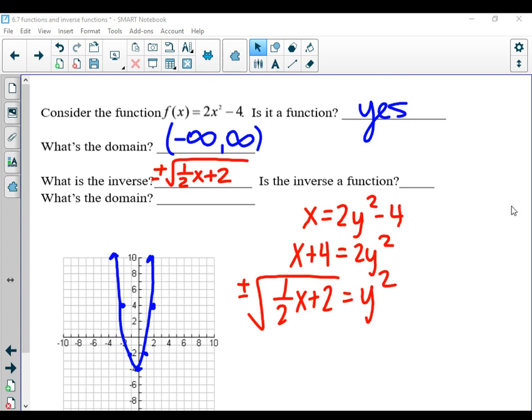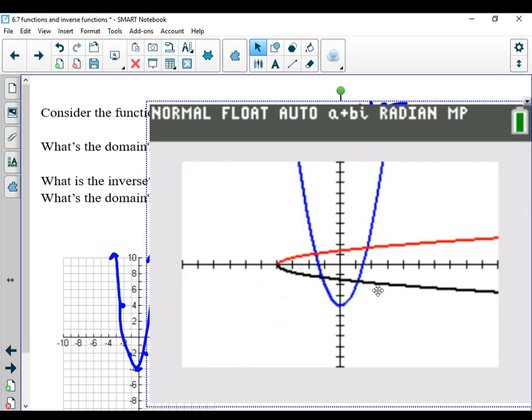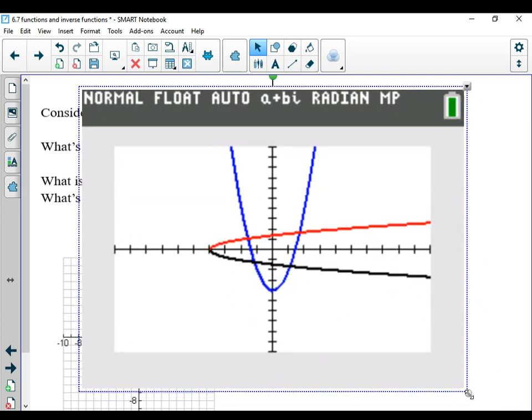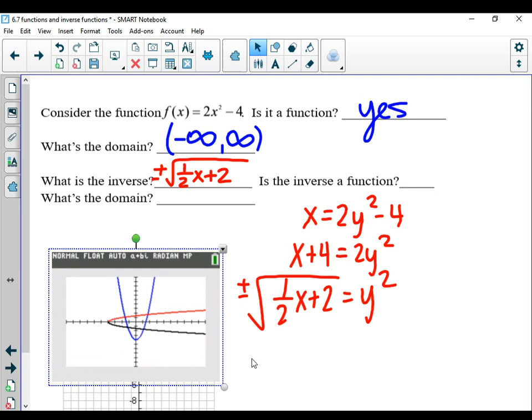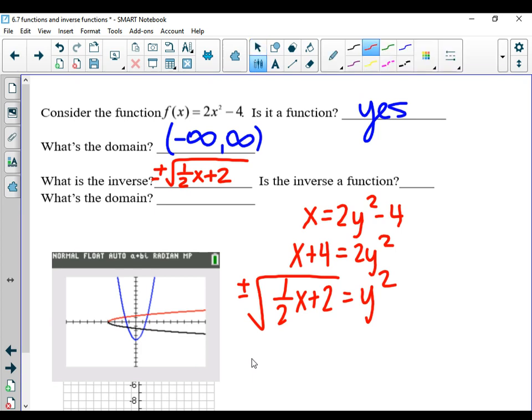It's part of my inverse. Here's the second part of my inverse. Just put that over there. Okay. Is my inverse a function? No, it fails the vertical line test. Okay? So my inverse is not a function.